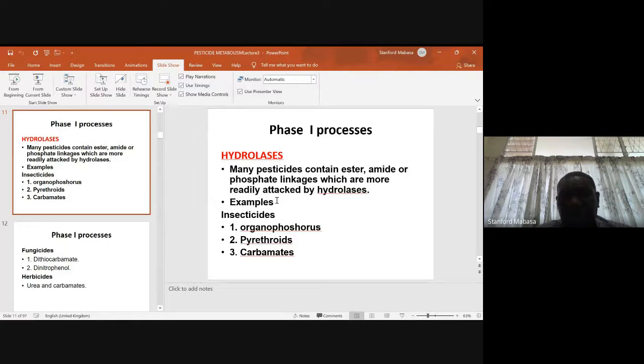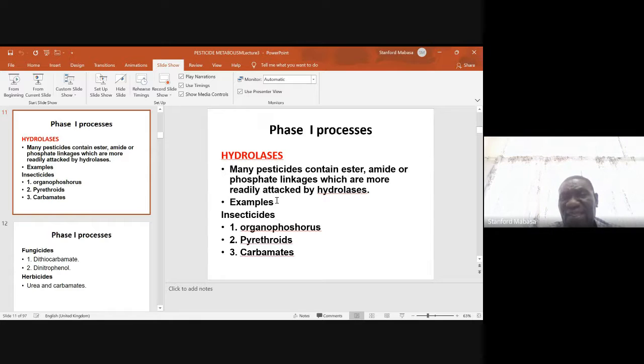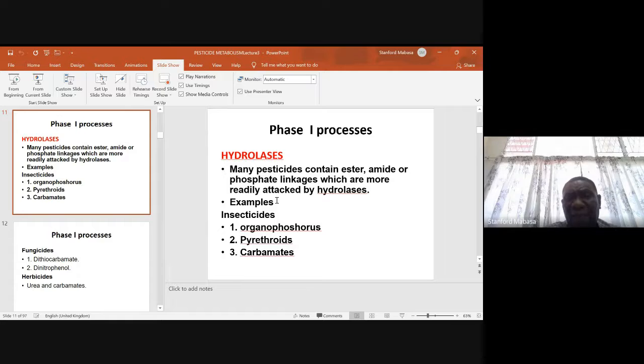Now, let us focus on phase one processes. Here we have got hydrolysis. These are the enzymes which can break down pesticides that contain ester, amide, or phosphate linkages.